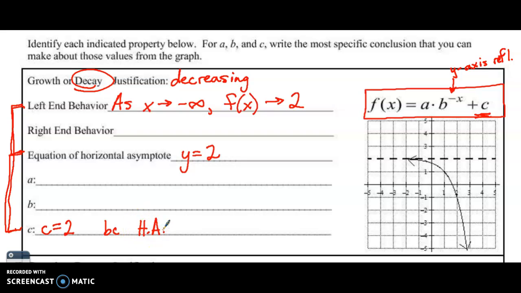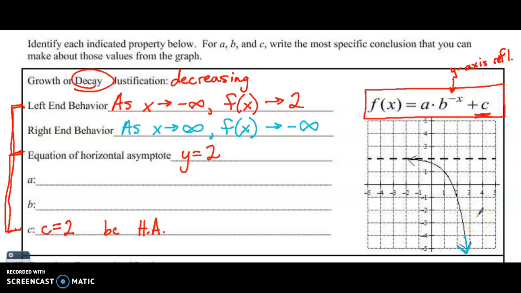I know I'm all over the place, so if I'm saying something confusing, please let me know. I'm going to change colors real quick just to emphasize things. So the next one, I want, as x goes to positive infinity, the function, I just want the behavior. So you see how it's going down. That is telling me that we have a negative infinity.